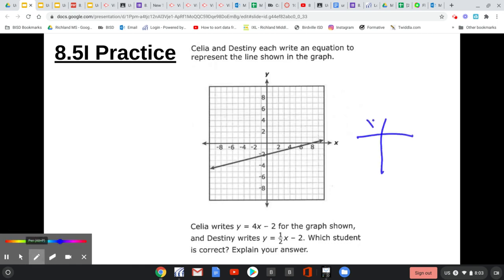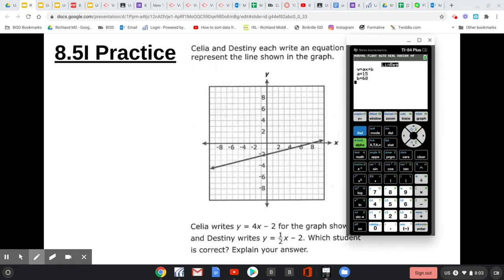We have x and we have y, and our y-intercept is 0 and -2. Our other point is going to be 8 and 0. Let's put that in the calculator. So we're going to hit stat, enter. I'm going to go over here. I'm going to hit delete. Keep hitting delete, get that out of there. And do it over here, get that out of there.